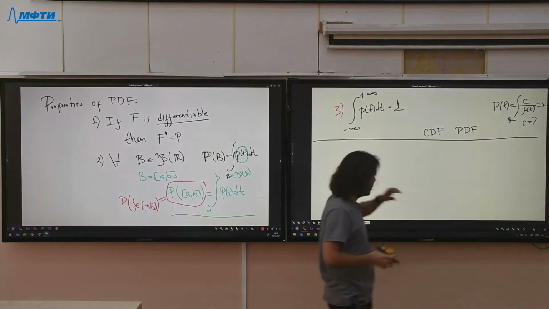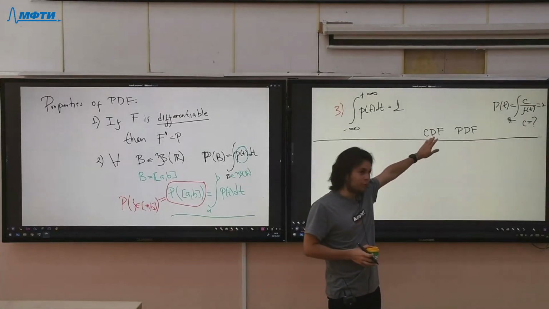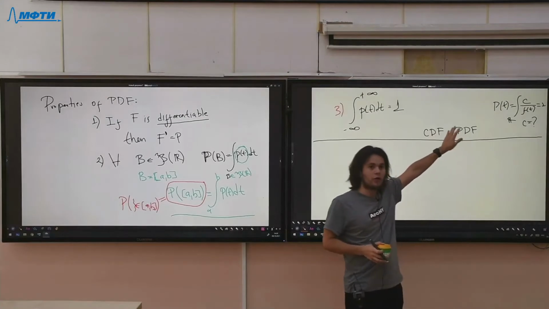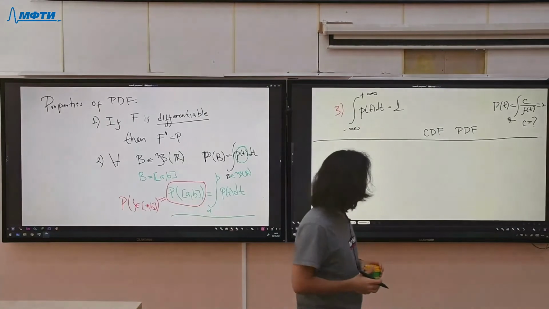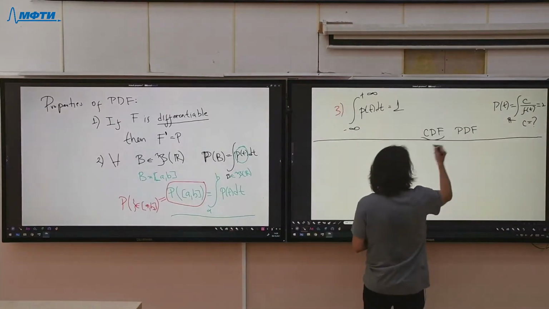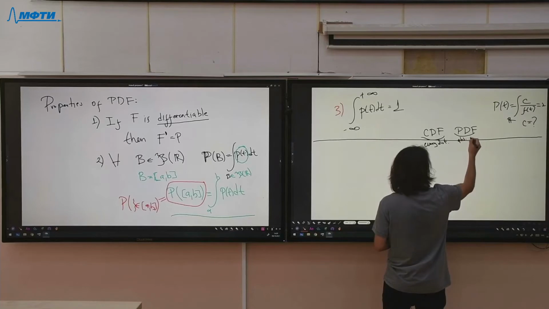But the CDF is defined for every distribution. The PDF is defined only for absolutely continuous distributions.